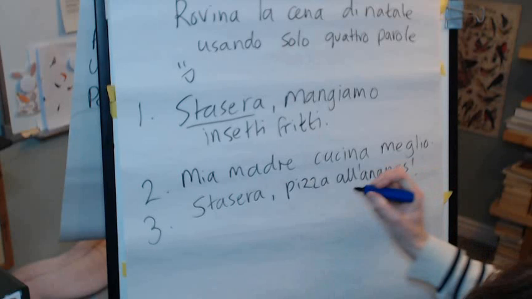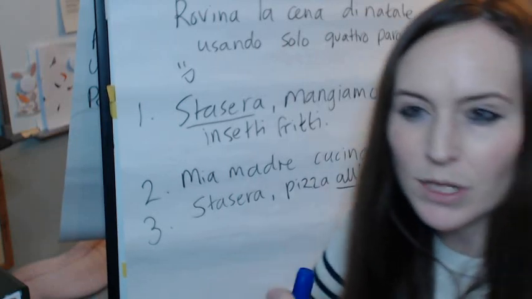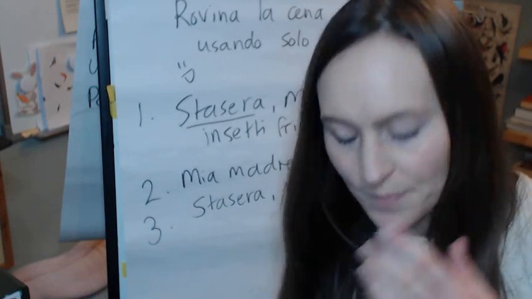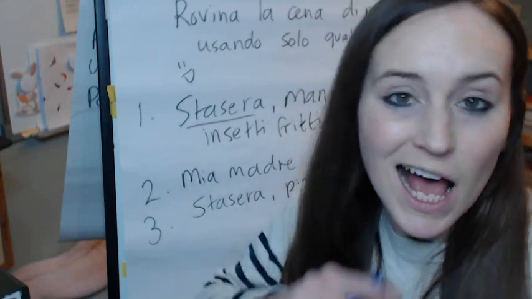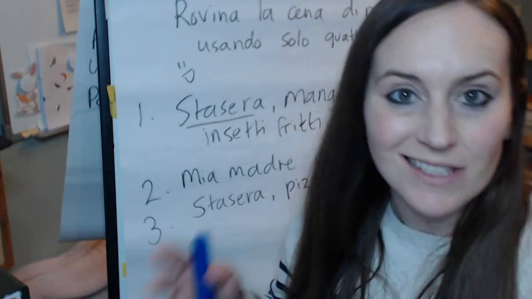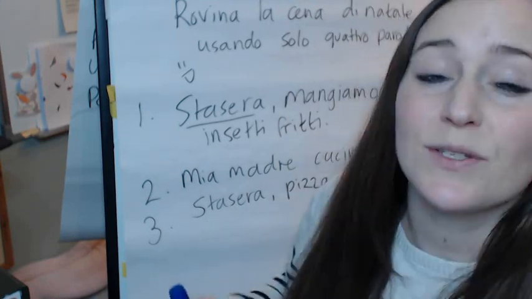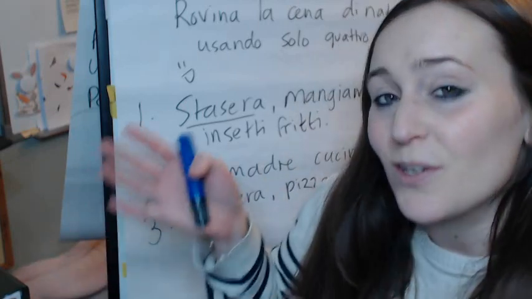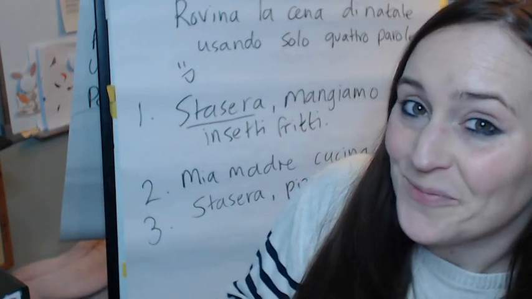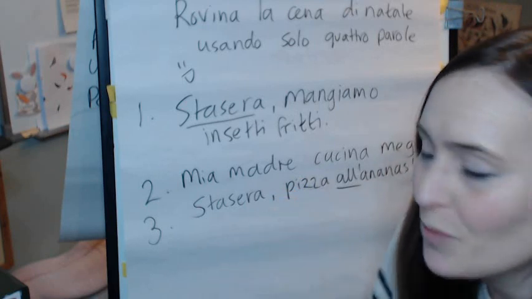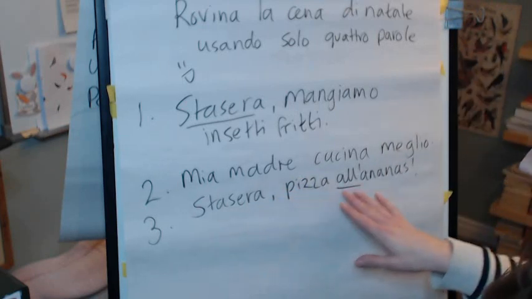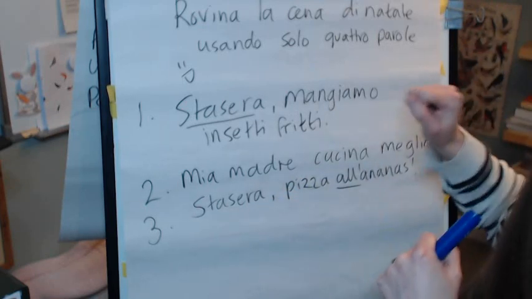Okay, so when you've got that preposition a plus an article, al, alla, etc., it tells you how something's cooked. So with pineapple, okay, as in pineapple on the pizza. Stasera pizza all'ananas.